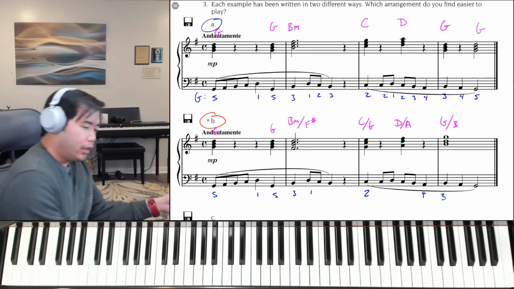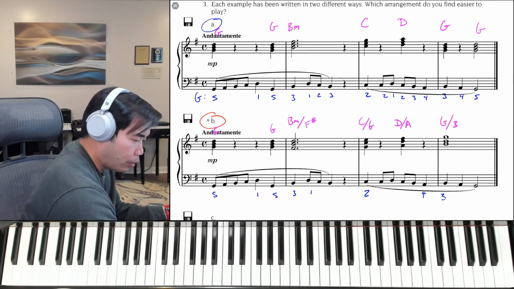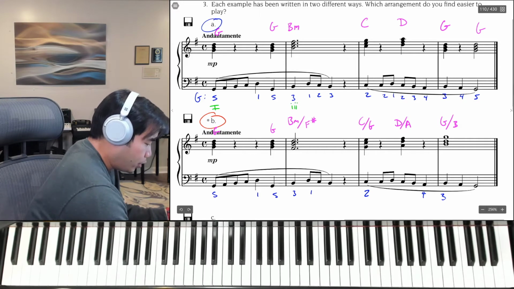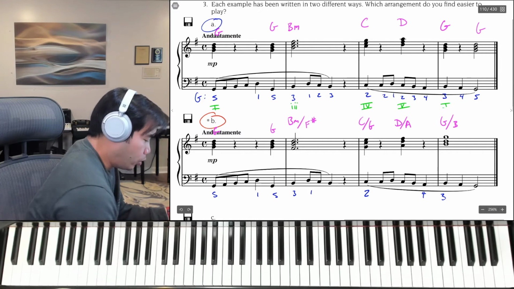If we write this in Roman numerals, let's see what we get. Okay, on the top one, we have a 1 chord, a minor 3 chord, 4 chord, 5 chord, 1 chord.